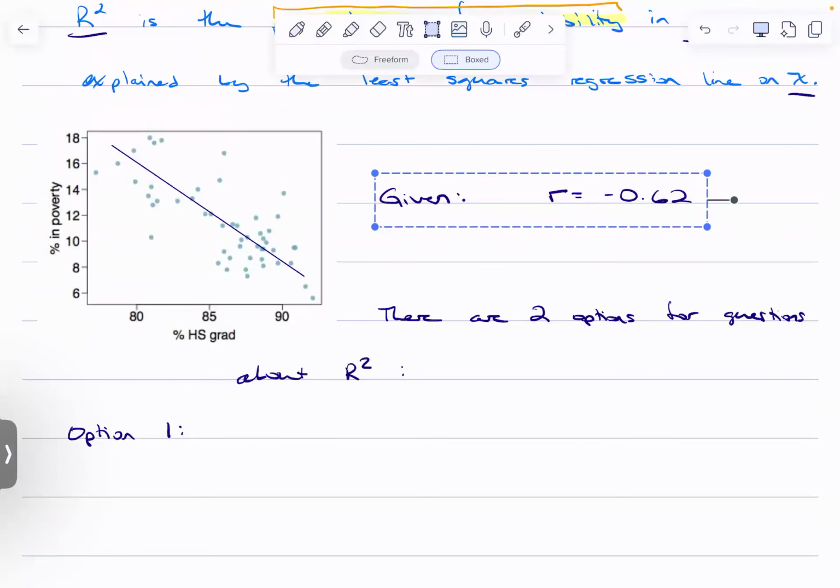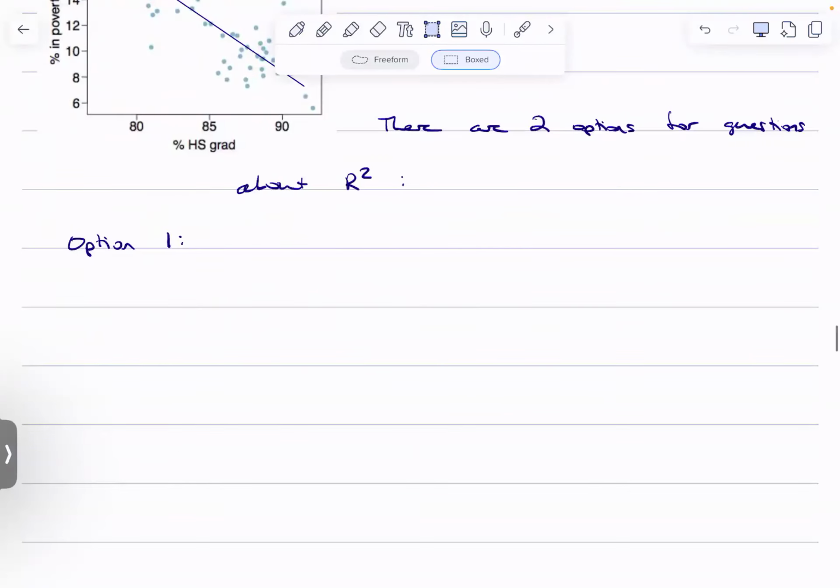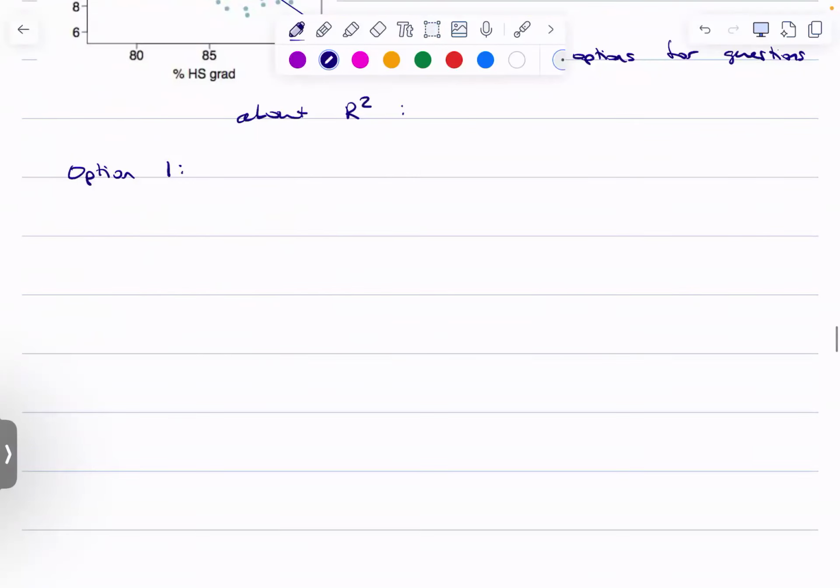Let's remove this then, this is not given yet. Option 1, introduce it early and ask you to calculate or to find the correlation.